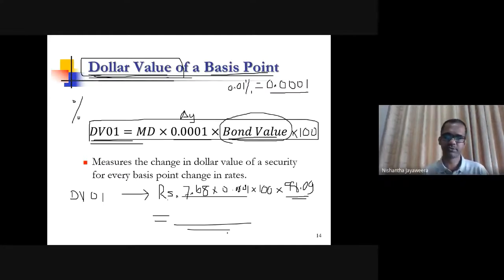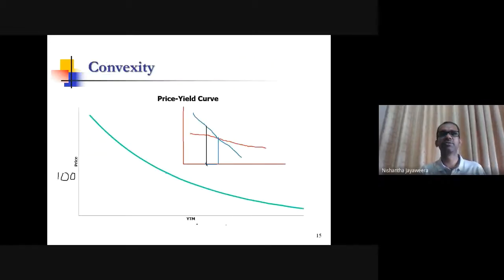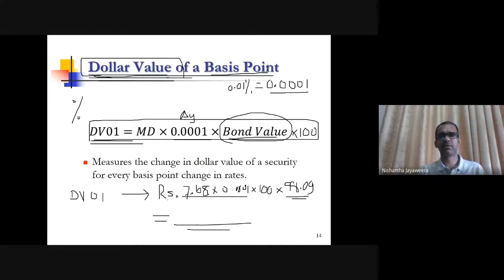Any other question? Because I'm not going to move into the next topic. Now we don't have time to discuss convexity. If you have any questions, please ask.